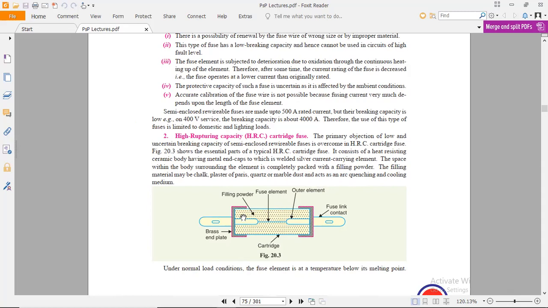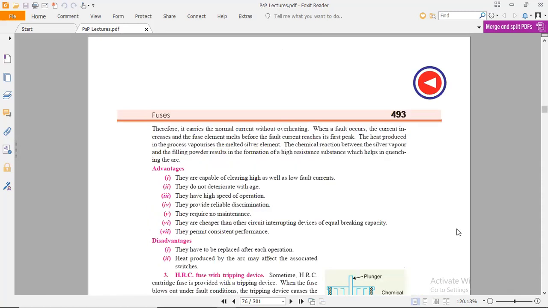That's the reason we use HRC fuses in ratings from about 0.5 ampere onwards, up to 500, 800 amperes, and it varies with the size. Even under normal load conditions, the fuse element is at a temperature below its melting point. So it's a common scenario.